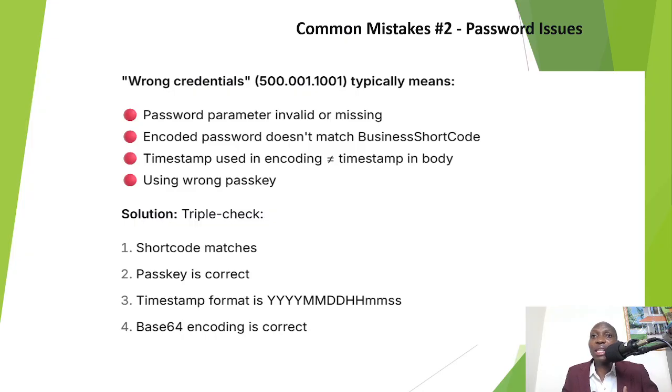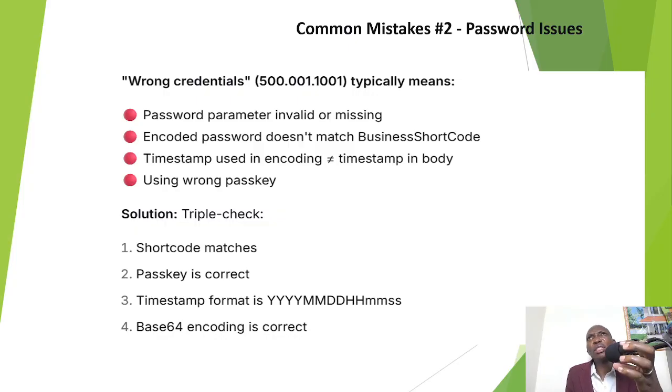When you are sending a request, M-PESA will not process any request without a password parameter. And if that password parameter is there, check whether maybe the encoded password could have a mismatch with the business shortcode.